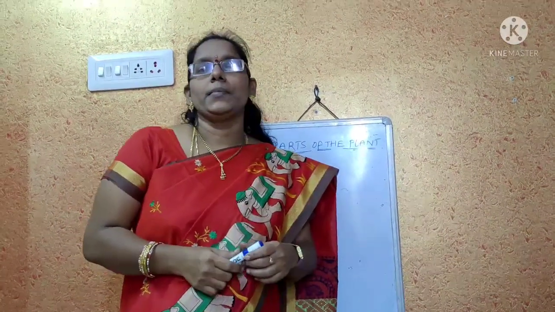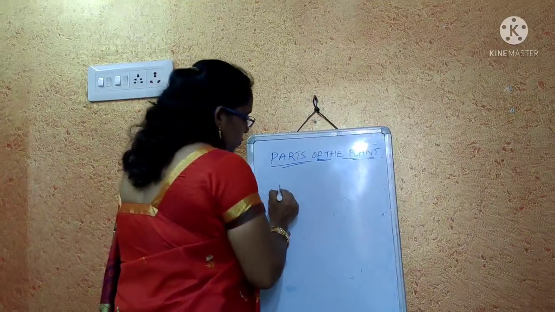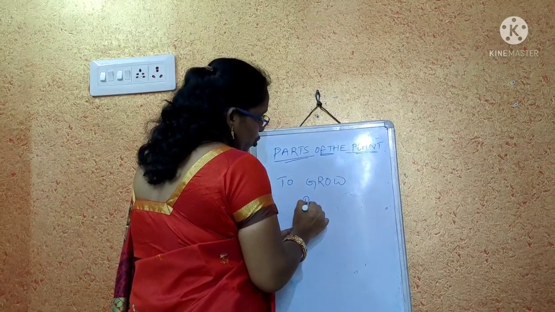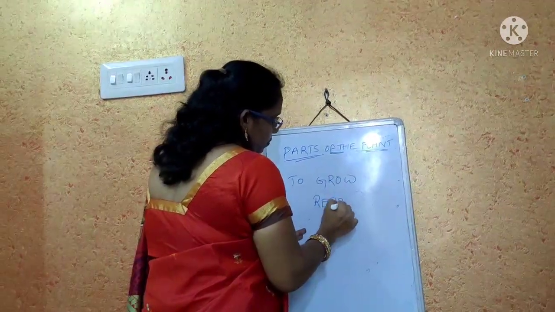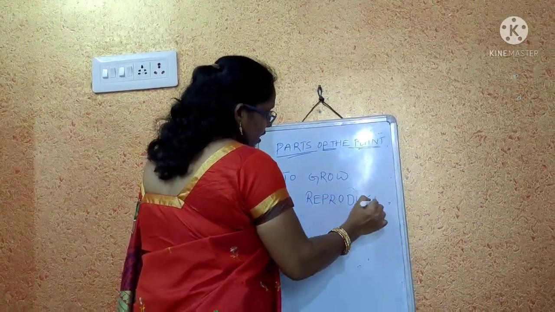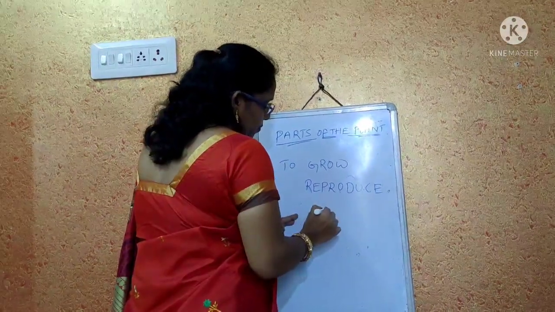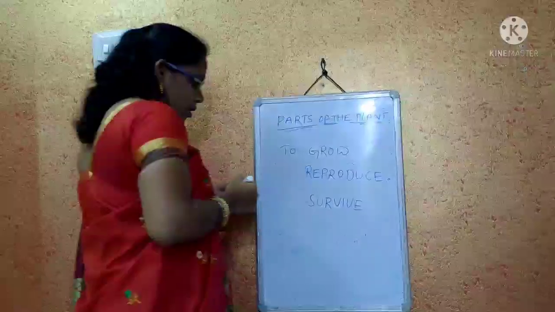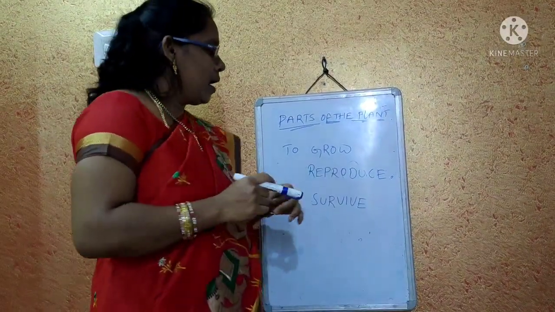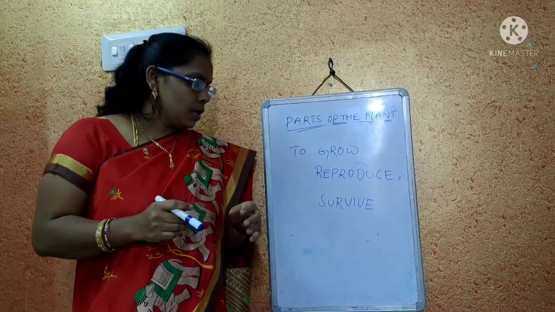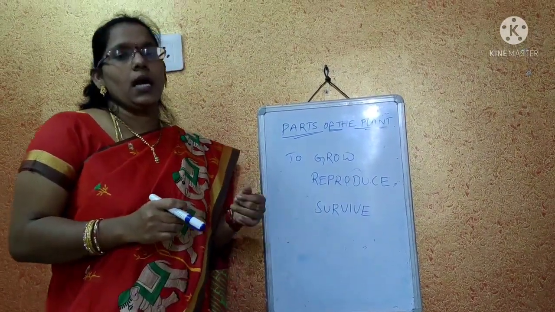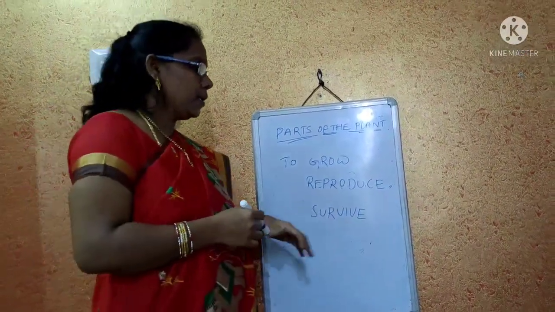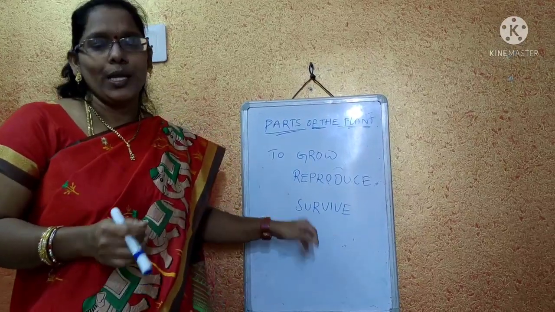These parts help them to grow, reproduce, and survive. They help in making, distributing, and storing food.